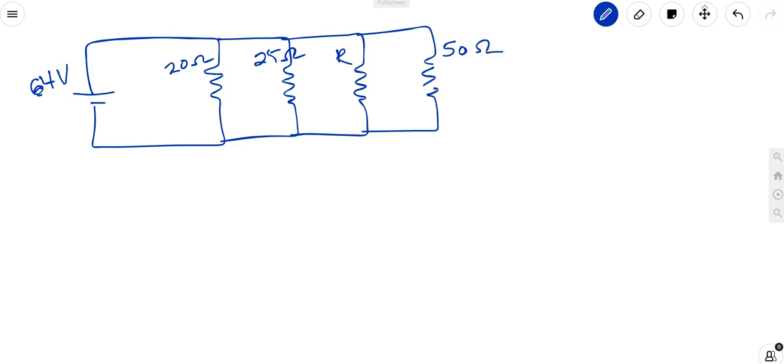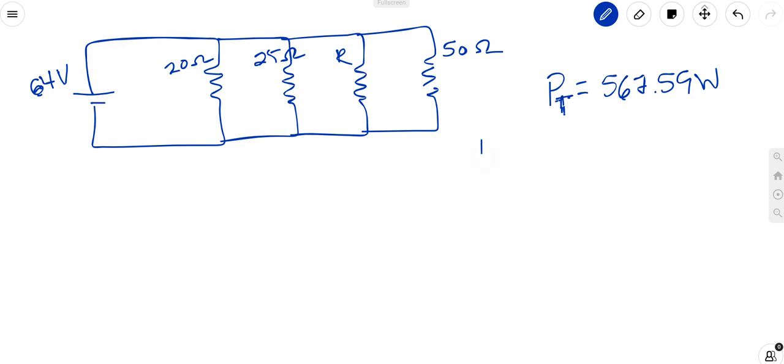They do tell us that the total power for the entire circuit is 567.59 watts. So from there we can figure out the total resistance.